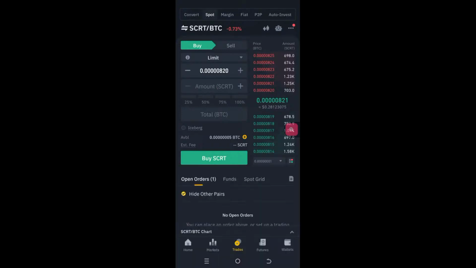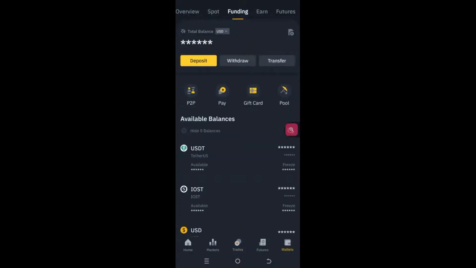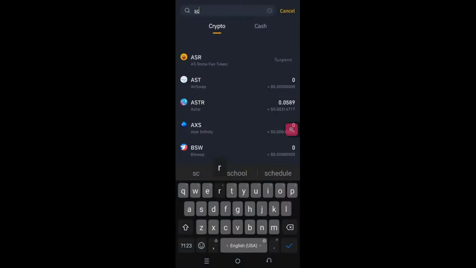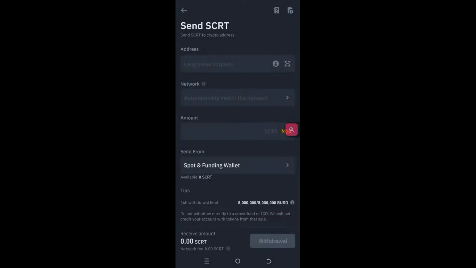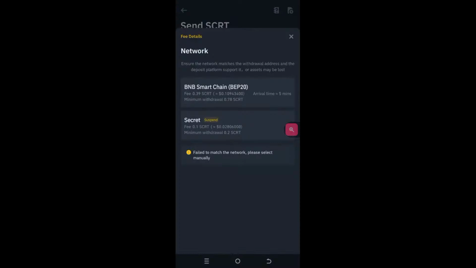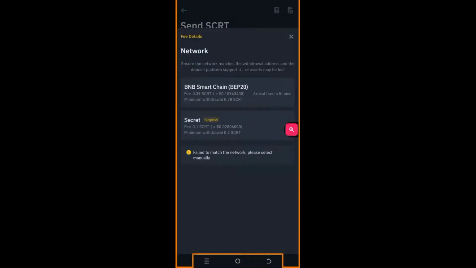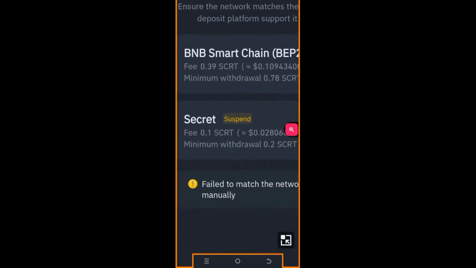Let's go and check the withdrawal, okay? Because the withdrawal is very important. We'll click on withdraw. Let's search for SCRT. Click on send by crypto network. And we want to check, what is the network? So we have two networks here. We have Secret network, which is a very small amount to send.